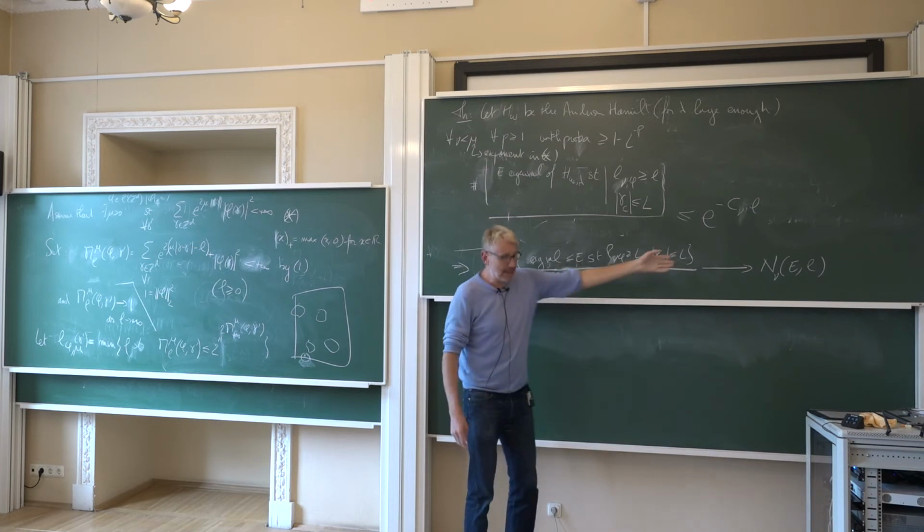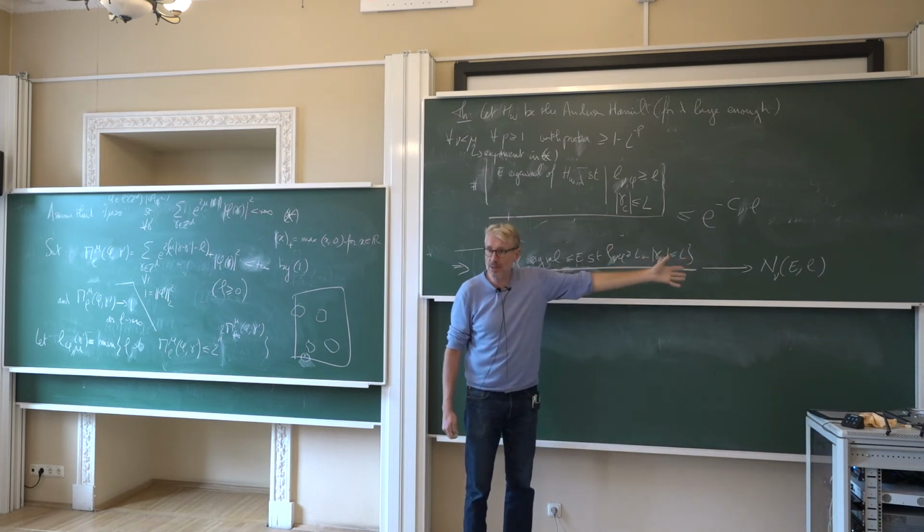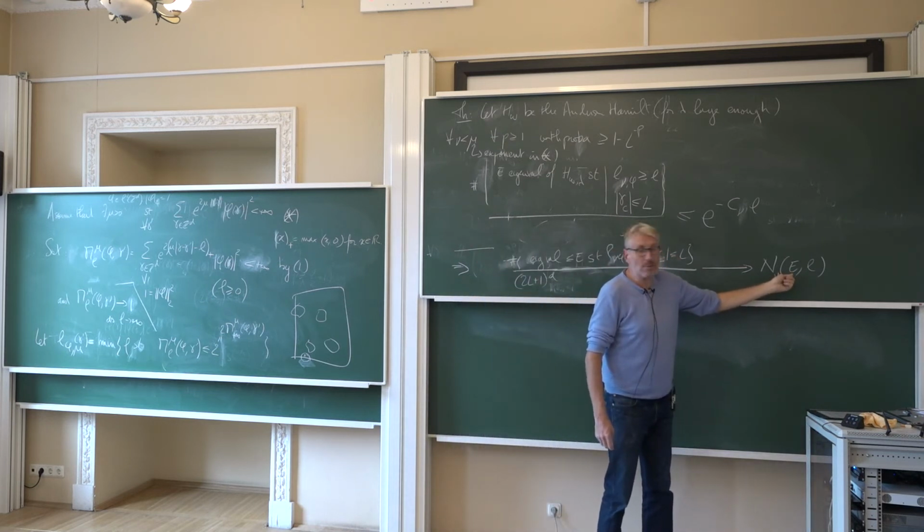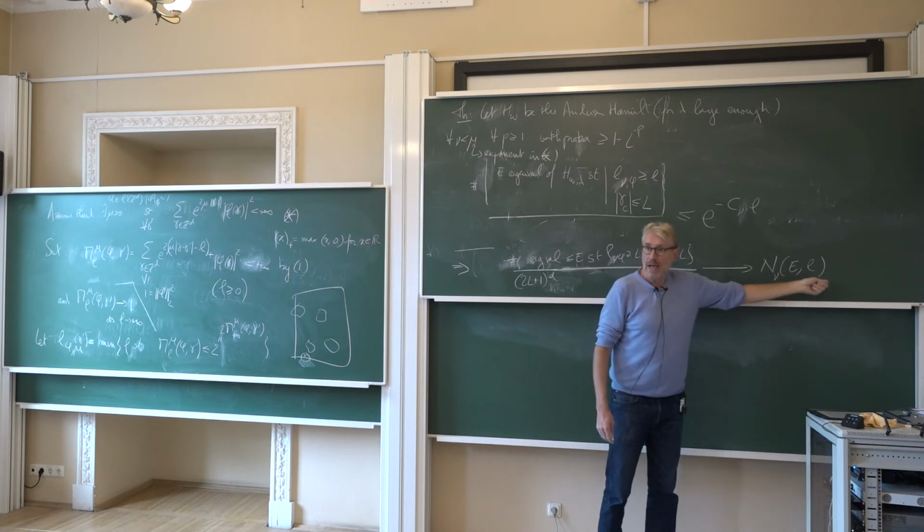So you get that this converges to a distribution function of some probability measure on the spectrum of the random operator, and this is just R plus, okay?